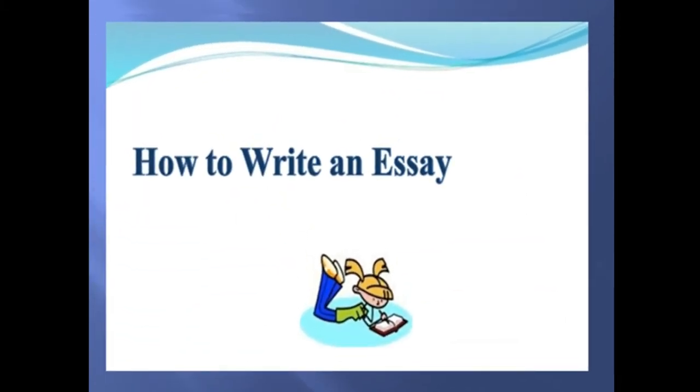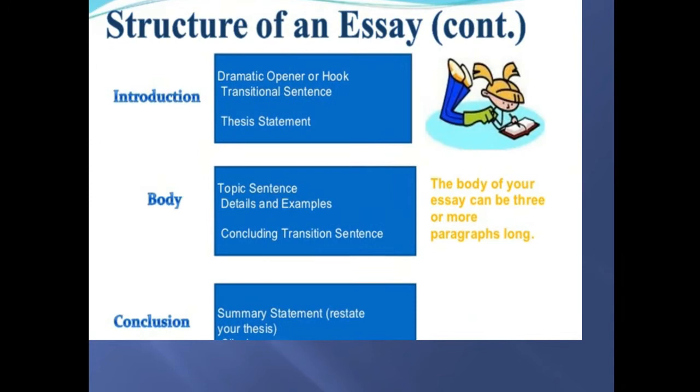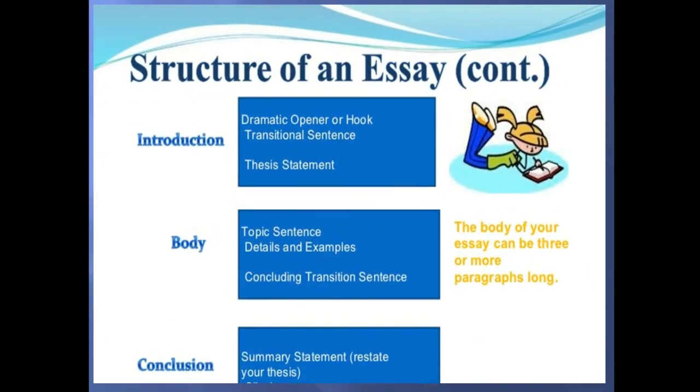How to write an essay. The structure of an essay: as you can see, any essay consists of three main parts: the introduction, the body, and the conclusion. The introduction includes a dramatic opener or hook, a transitional sentence, and a thesis statement.